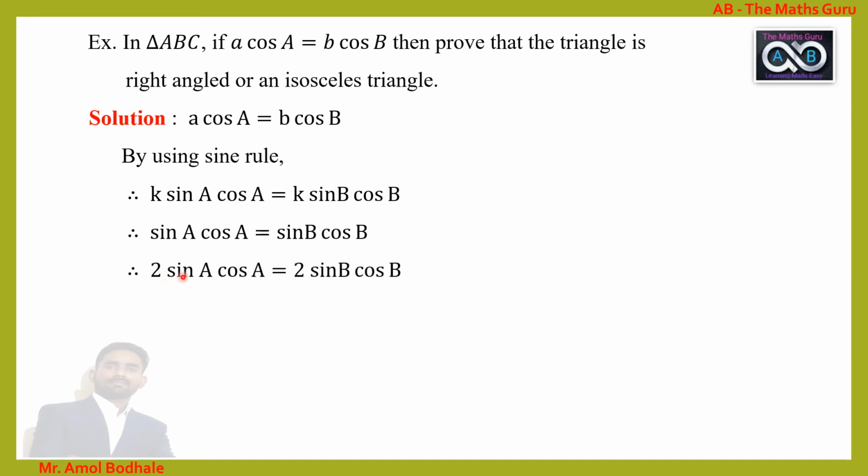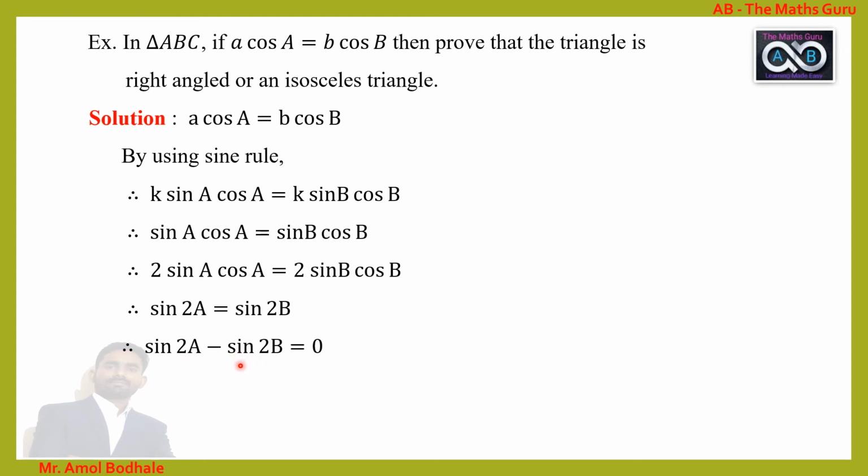We get 2 sine A cos A is equal to 2 sine B cos B. Now here we can write 2 sine A cos A as sine of 2A, therefore this is sine 2A, and 2 sine B cos B can be written as sine of 2B. Now we can take this sine of 2B to this side. So we can write sine of 2A minus sine of 2B equal to 0.